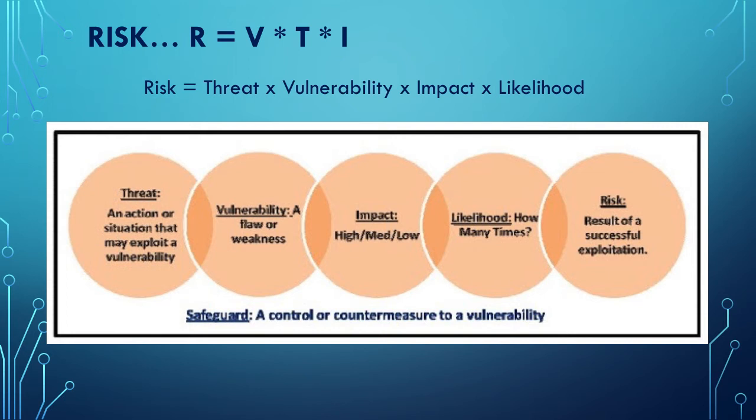Okay, so you have that threat we were talking about. You have a vulnerability that you've identified, the impact of what would happen if, the likelihood of if it will happen, and that all calculates into the risk, the level of risk of a successful breach or a successful exploitation. All right.